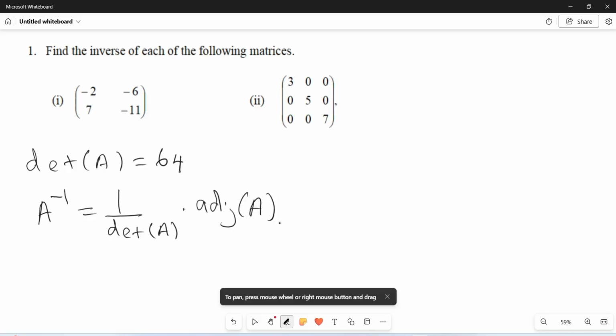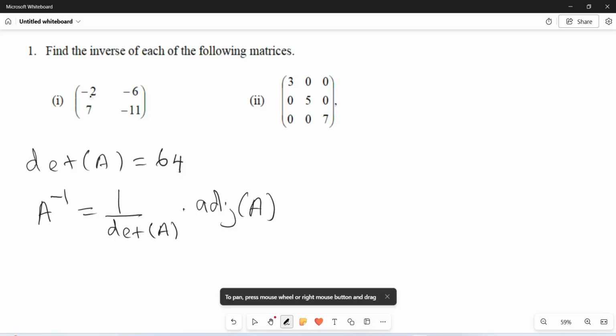What do you mean by this adjoint A? Adjoint A means just the matrix value. You want to interchange the elements of the left diagonal. Now it is minus 2 and minus 11. That means minus 11 comes to the place where the minus 2 is, and minus 2 will come to the place where the minus 11 is.